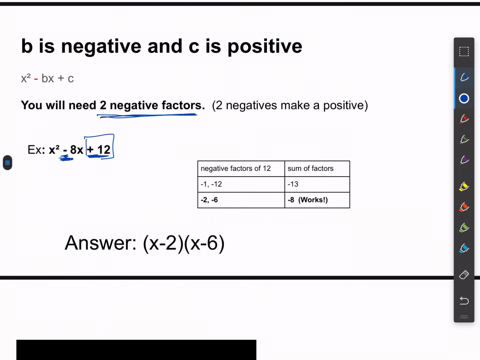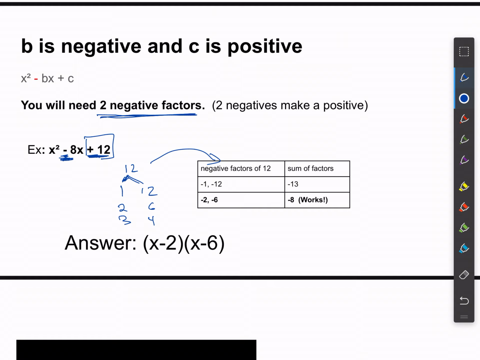For 12, we're going to look at the factors of 12. What things multiply to give you 12? I said negative factors of 12 here, but let's just look at the positive for now, and then we'll relate it to what I'm saying over there. So 1 and 12 is a pair of factors, 2 and 6, 3 and 4, and I believe that's it.